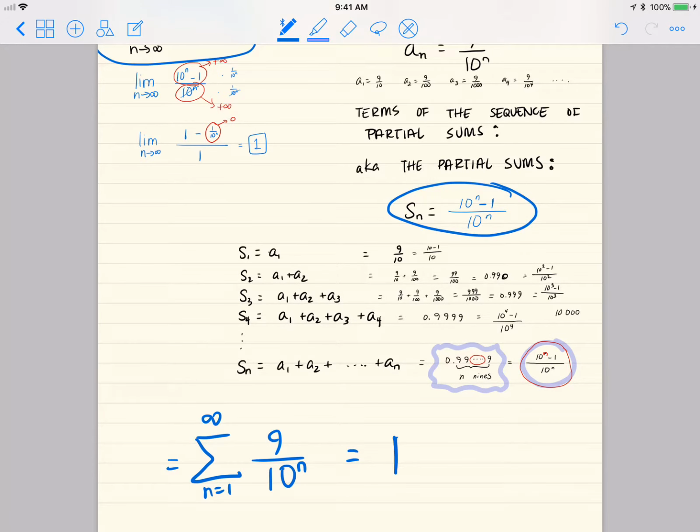And now remember, what is this? This is the mathematical way to write 0.9 repeating. So we've proven that 0.9 repeating really is 1. It's not a different number from 1. It is 1. It's a limit, right? So this 0.9 repeating is a limit. It's a fancy way to write 1. That's it.